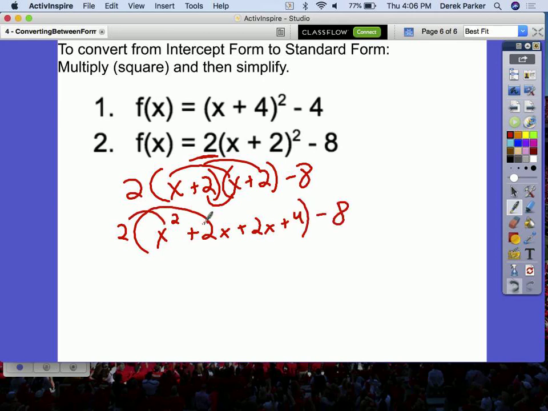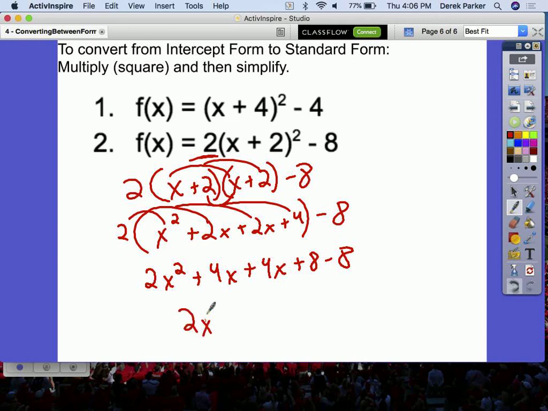Now distribute that 2. 2x squared plus 4x plus 4x plus 8 minus 8. Combine like terms, you get 2x squared plus 8x. These cancel out.